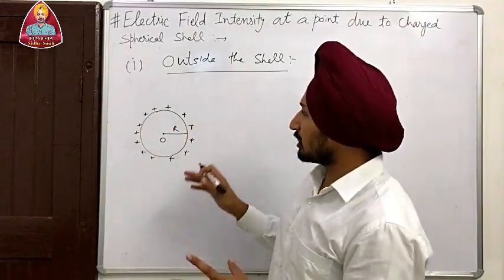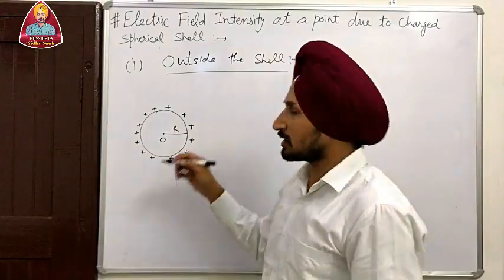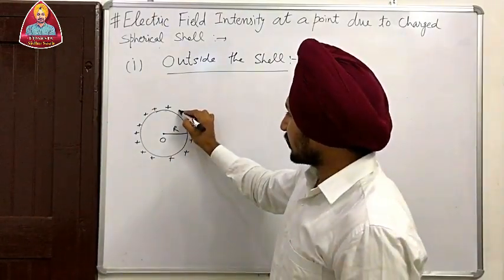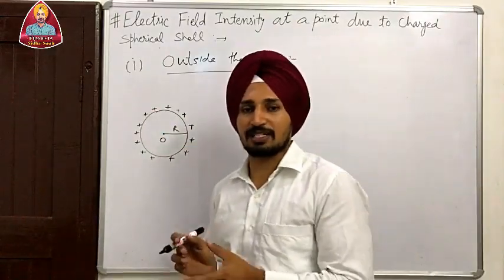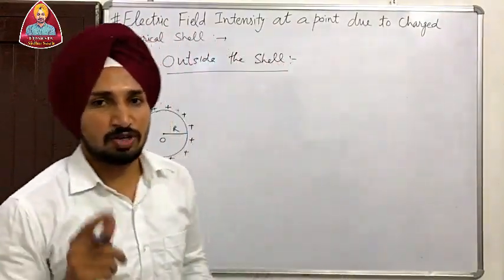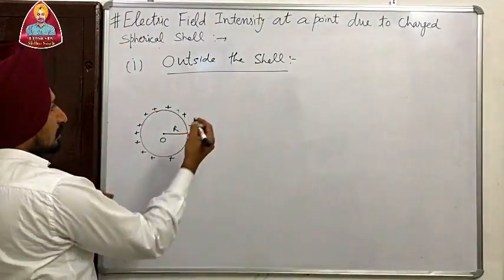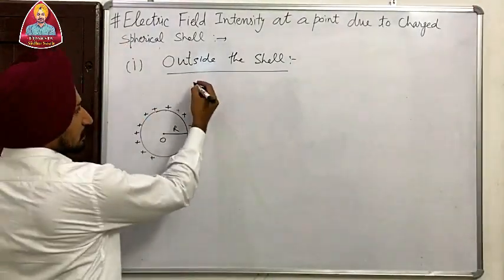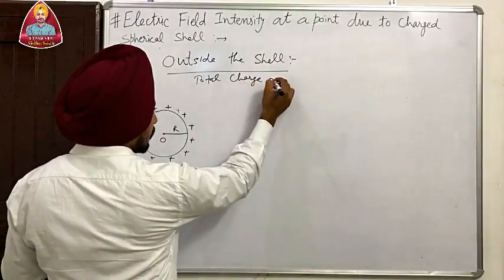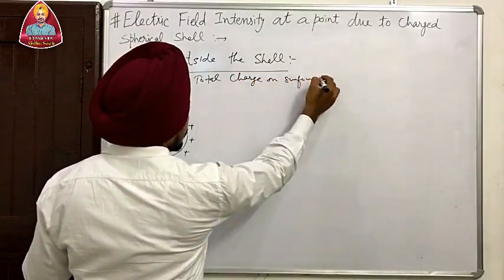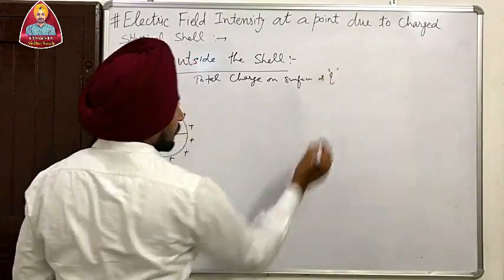All the charge, let us consider the total charge on the surface is Q, is present outside on the surface of the spherical shell. That should be in your mind.